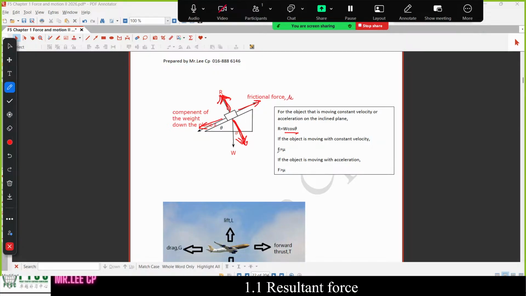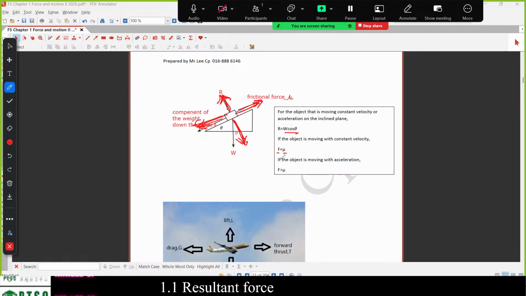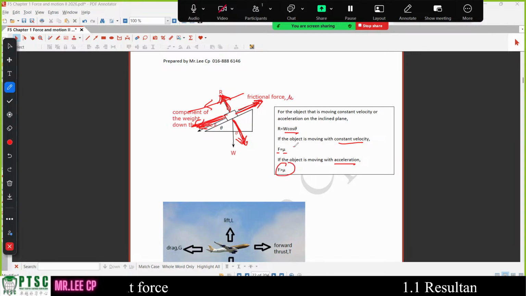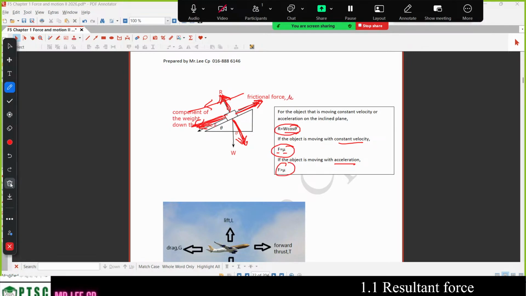Now, F is equal to mu R. No problem. Constant velocity, not moving. Or if it is accelerating downward, F is more than mu R.